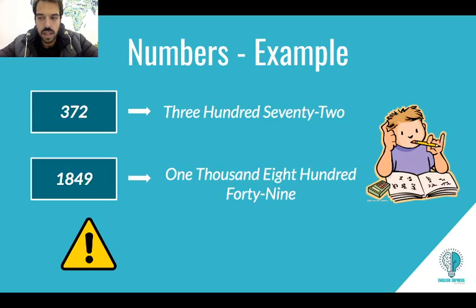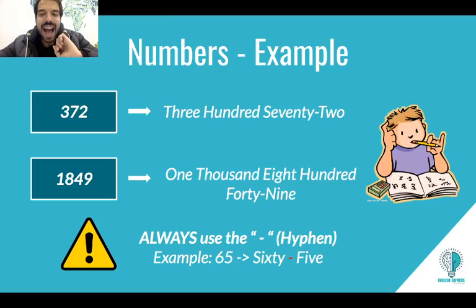Amazing, guys. And there is a very important thing that you need to know about numbers. The numbers, they have one specific thing that you need to do, okay? You need to always use the hyphen. So in our first example, we have there 72, right?